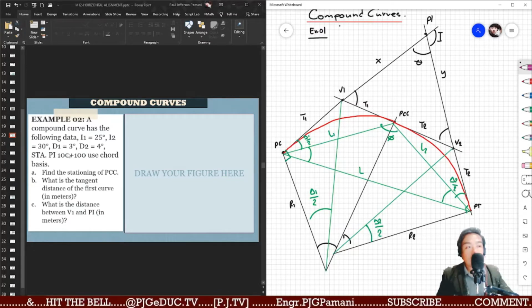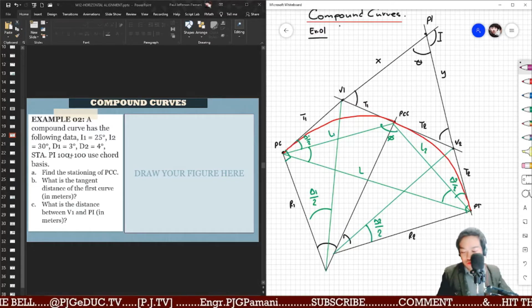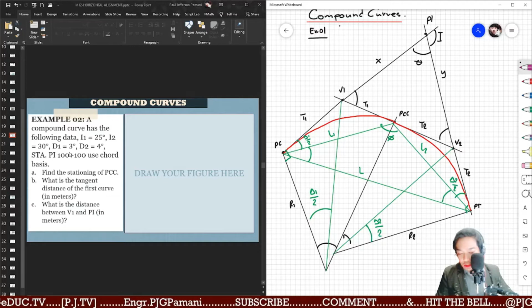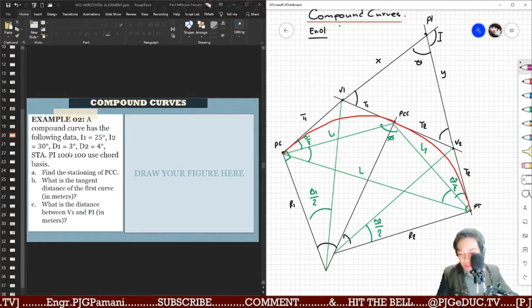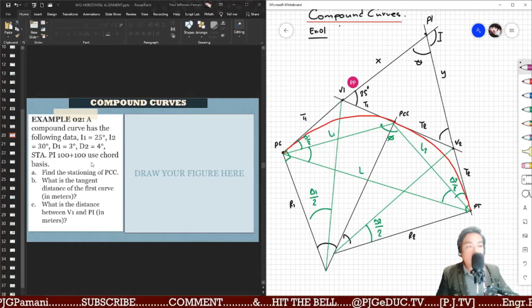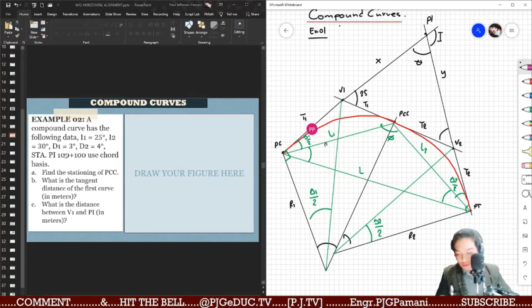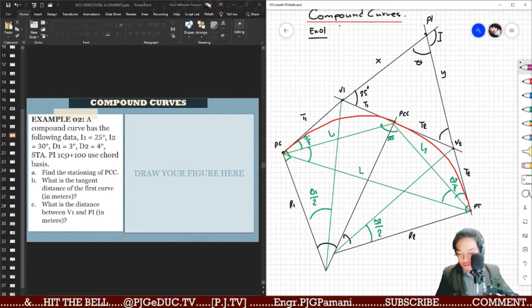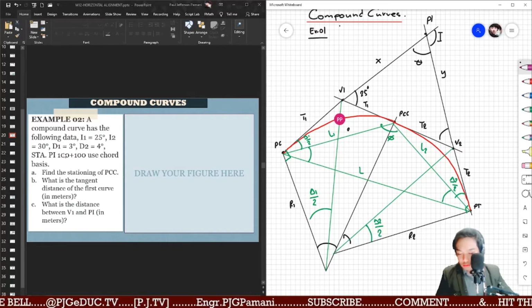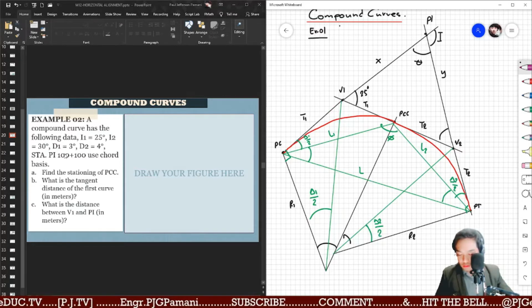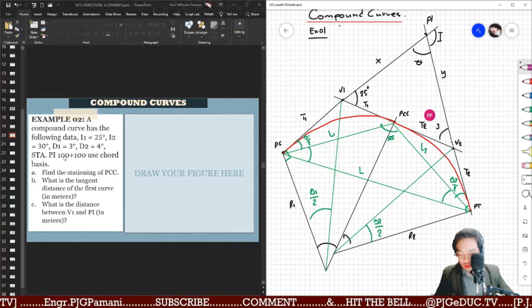So, we have here the angle of intersection for the first curve, which is 25 degrees, and the angle of intersection for the second curve, which is 30 degrees.